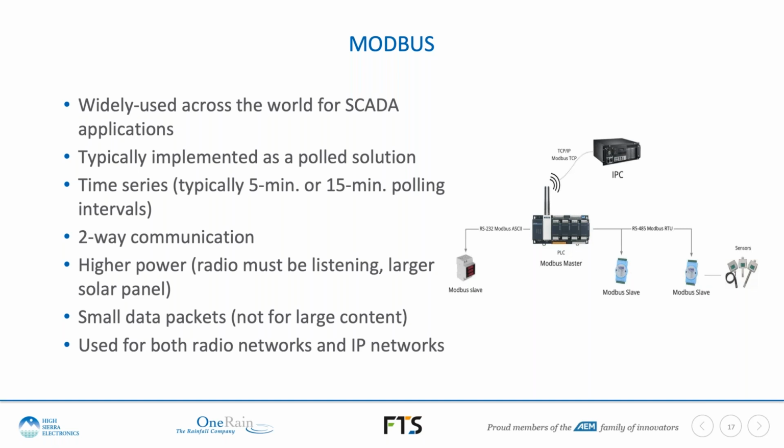The agencies that we work with that use it primarily are creating time series data out of it, and the time interval is pretty dependent on how many gauges are on the network. So for example, to have 15 or 5-minute data, you'd have to make sure that you could poll all your sites within 5 minutes.